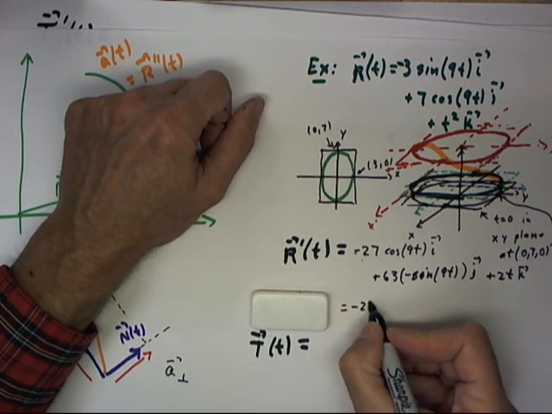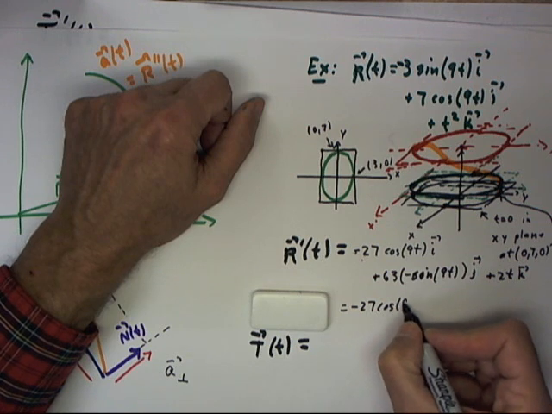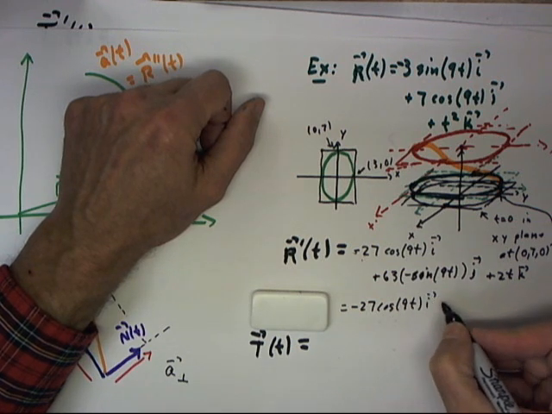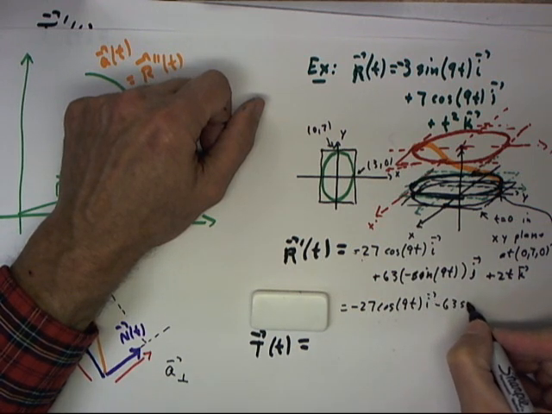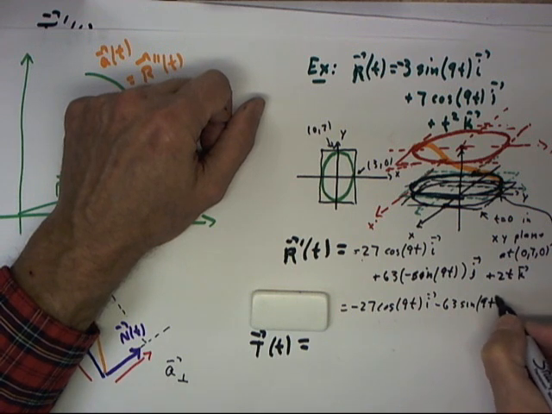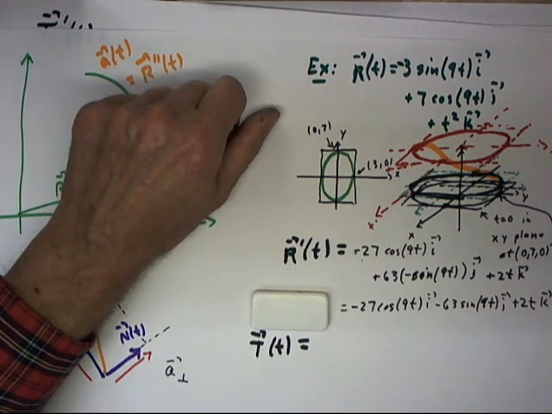So that's -27 cosine of 9t i minus 63 sine of 9t j plus 2t k.